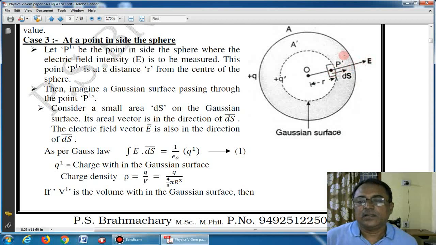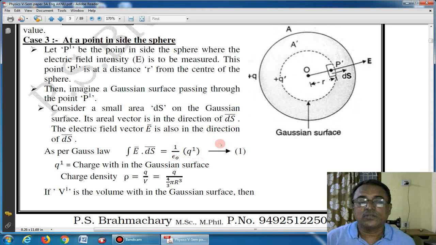With this introduction, I will enter into the derivation part. As per Gauss law, integral E bar dot dS bar is equal to 1 by epsilon naught into q dash. Here, as per Gauss law, the total flux passing through the Gaussian surface is equal to 1 by epsilon naught times the total charge contained within the closed surface.